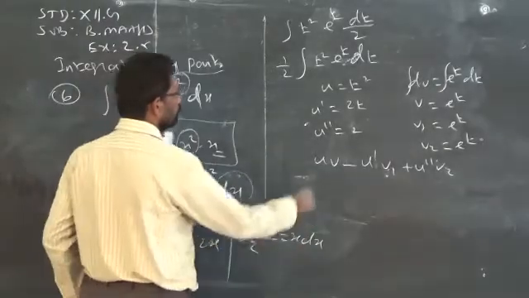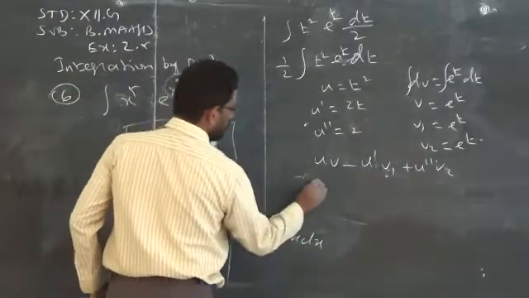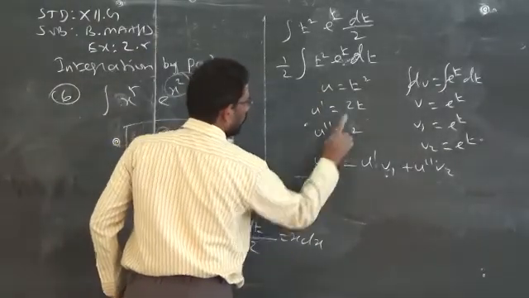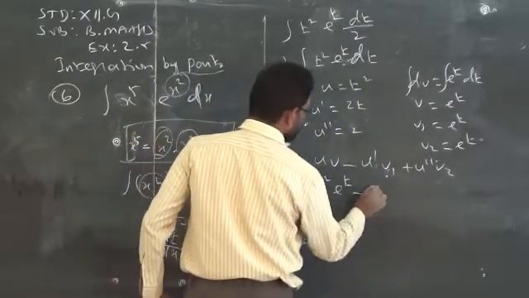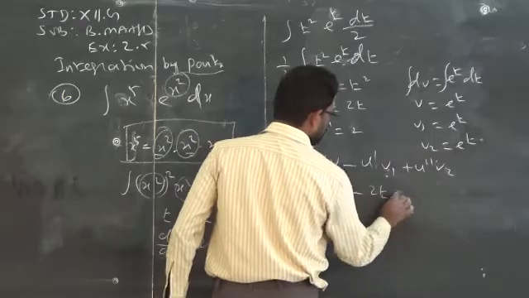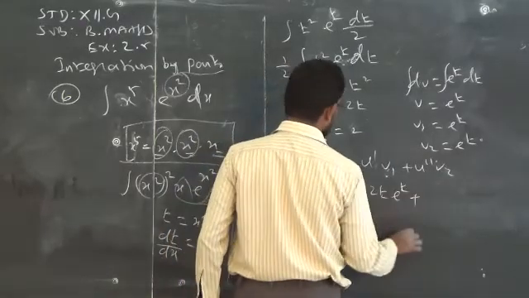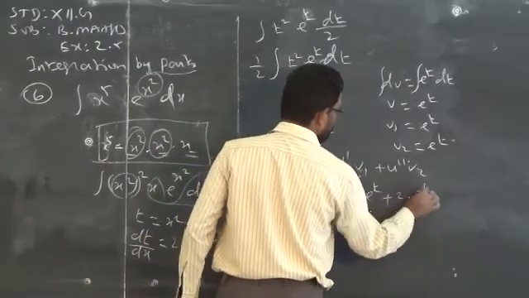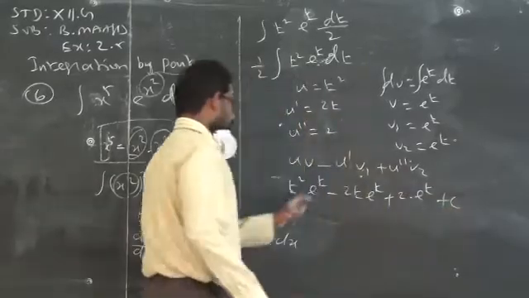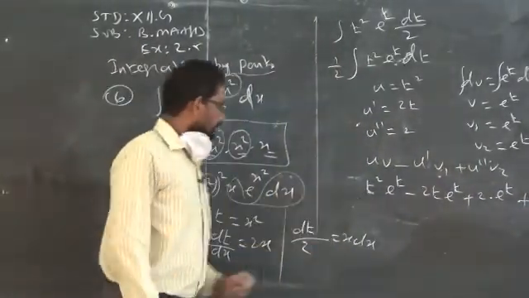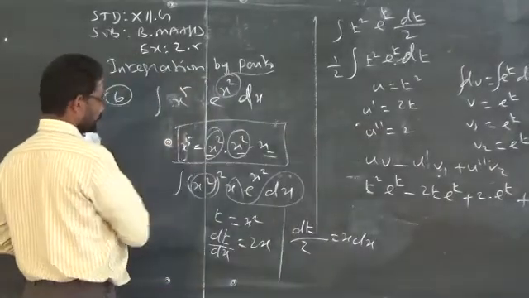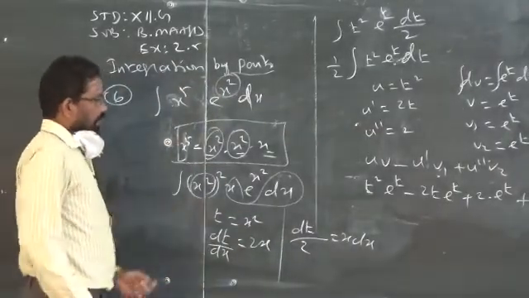That's all. Just apply it in place of u dash v1, u double dash and v2. What is your u? u is t square. v is e power t, minus u dash 2t, v1 e power t, plus u double dash 2, e power t, plus c. But the question is in terms of x, therefore after these steps you replace t by what? x square.